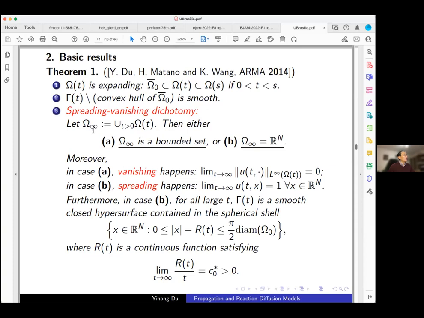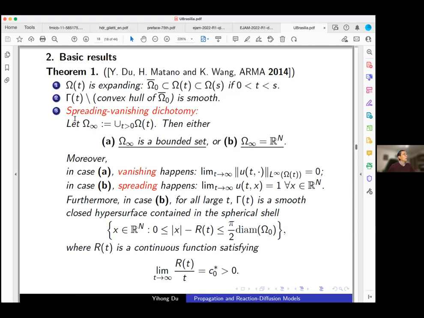When t goes to infinity, omega t converges to this set, and we have a dichotomy. There are only two possibilities. Either this limiting set is a bounded set, or it is the entire Rn. For example, it cannot be a general unbounded set, so it cannot be a half space and so on. If it's unbounded, it has to be the entire Rn. Otherwise, it's bounded.